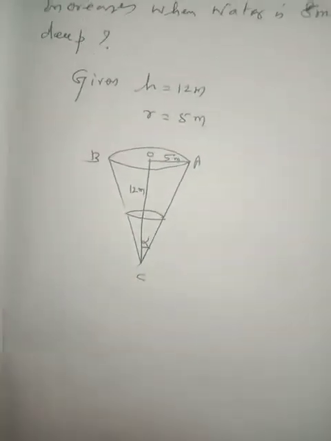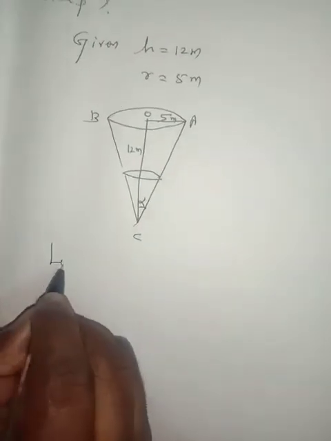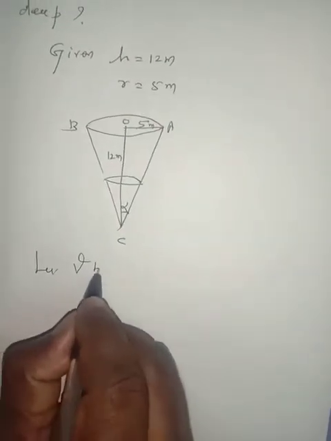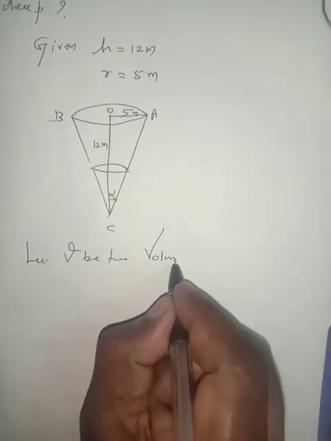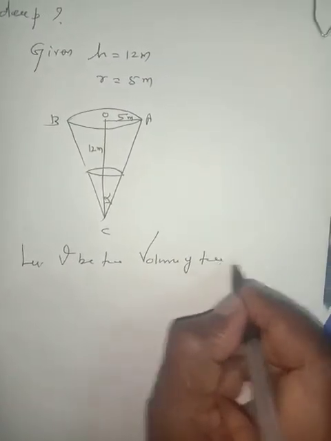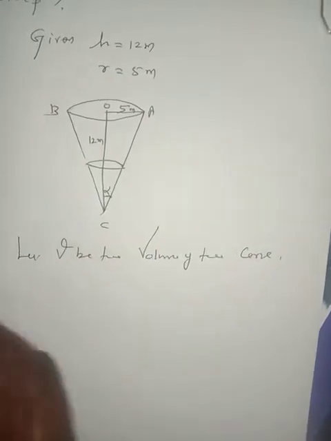Let V be the volume of the cone and alpha be the semi-vertical angle.